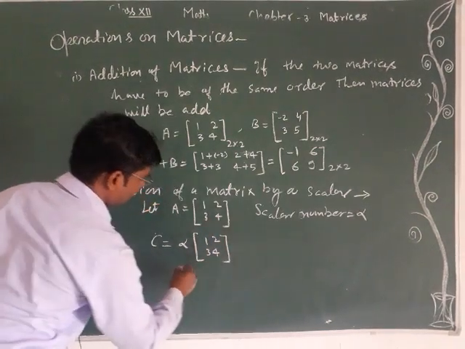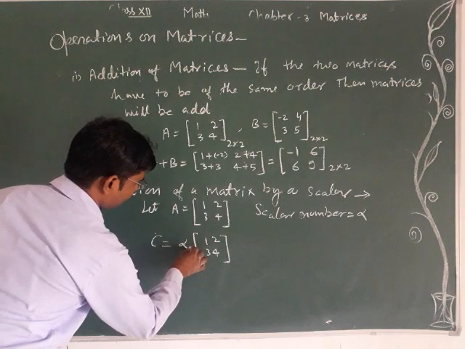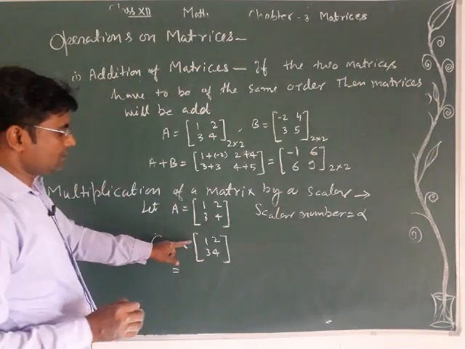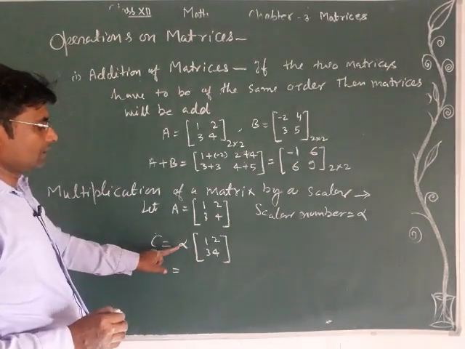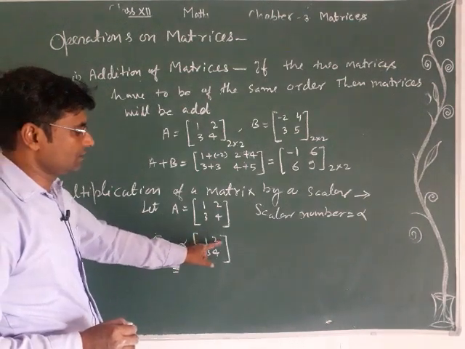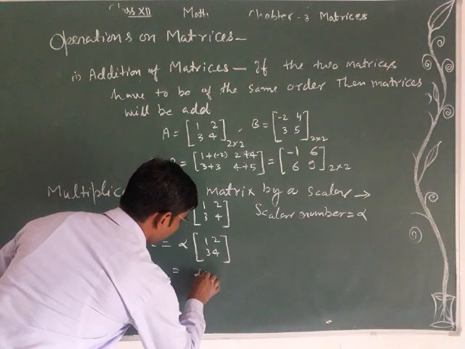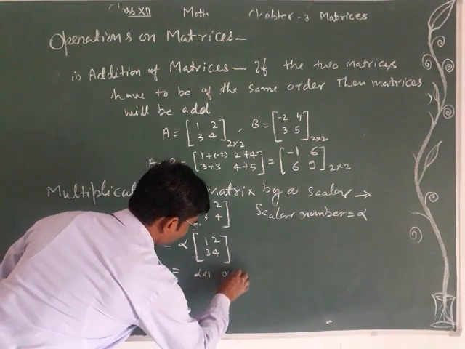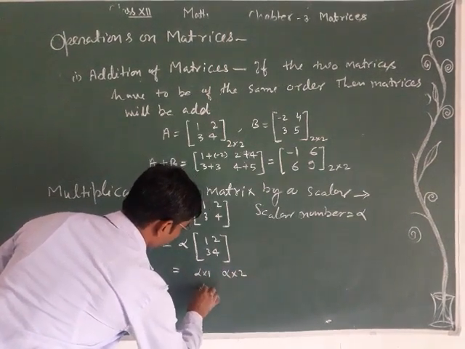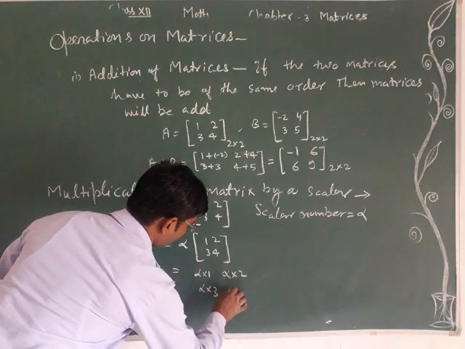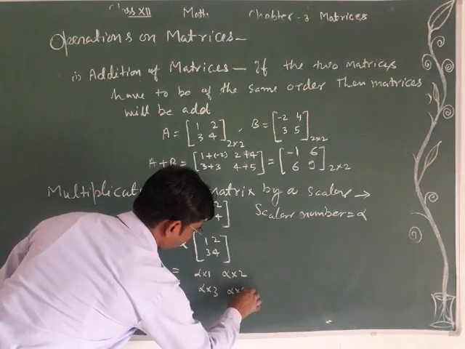The scalar number is multiplied by each of the entries separately: alpha into 1, alpha into 2, alpha into 3, and alpha into 4.